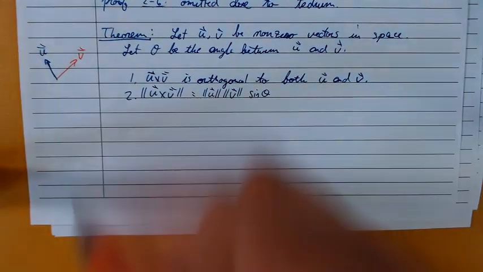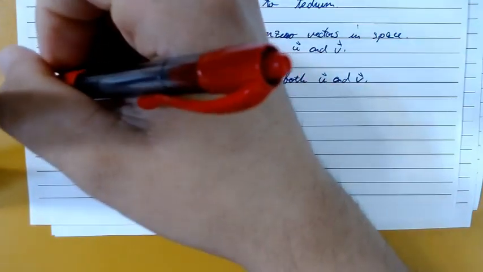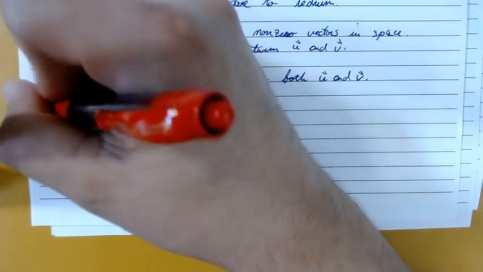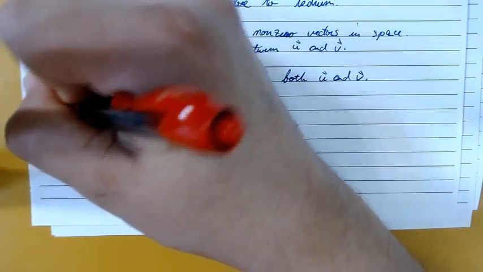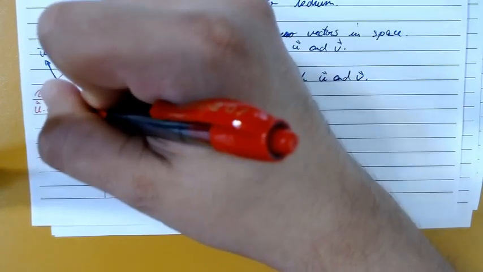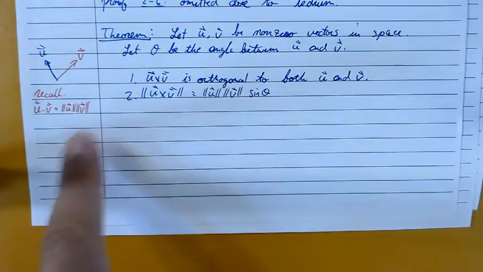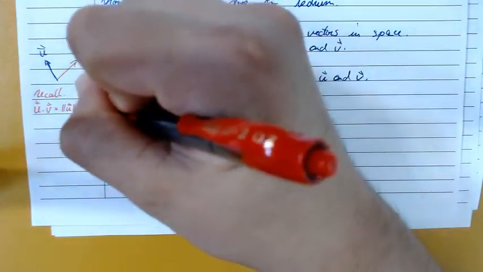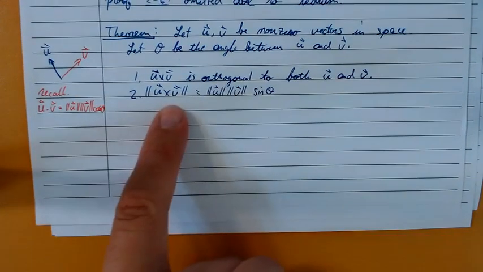You will recall an alternate definition for the dot product, u dot v is equal to the product of the magnitudes of u and v times the cosine of theta. If you change that cosine to the sine of theta, well, now instead of having a dot product, we have a cross product here.